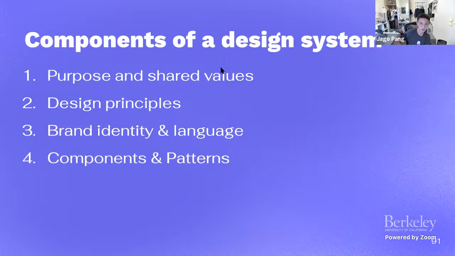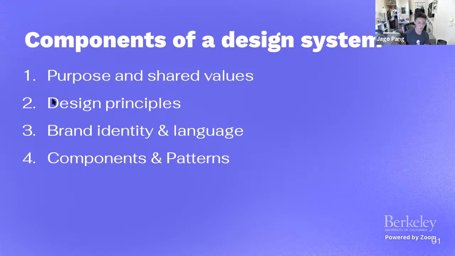A design system has several components, similar to what we've done in this DeCal. You have a purpose and shared value. What is the main purpose of this design system? What's the thing underpinning all your designs? Is it centered on collaboration? Transparency? Authority? Things like that.